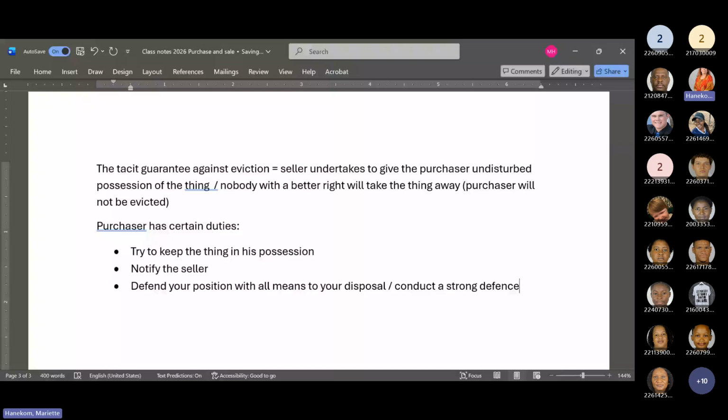Although I said this is a tacit guarantee against eviction that applies to all contracts of purchase and sale, there are certain instances where the purchaser is not protected.